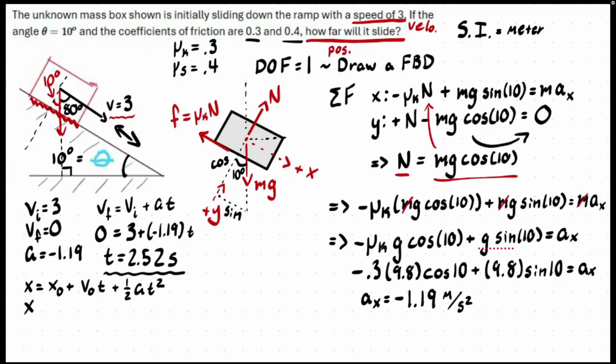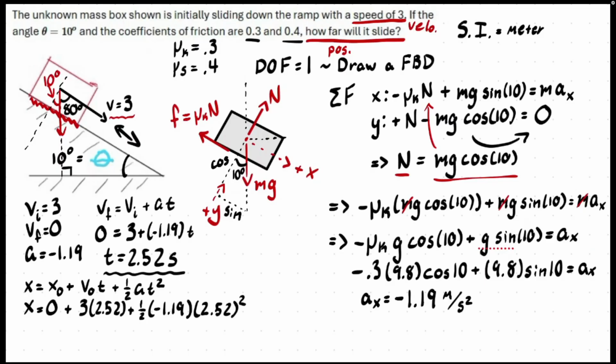Our x value we're looking for is going to equal our x naught, which we can just treat as 0 because 0 was our starting point, plus v naught. Our v naught was given as 3, times our time we solved to be 2.52 seconds, plus 1/2 our acceleration, which was negative 1.19, times our time again, 2.52 seconds squared.